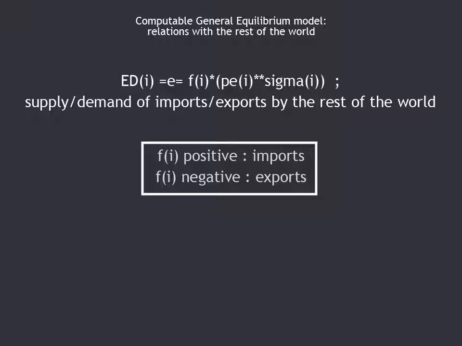On the right side, you've got PE to the power sigma. PE is always positive, of course, because it is a price, so PE to the power sigma will always be positive. So ED has the same sign as F in sector i. If ED is positive, F is positive: these are imports. If ED is negative, these are exports, and F in sector i is negative.